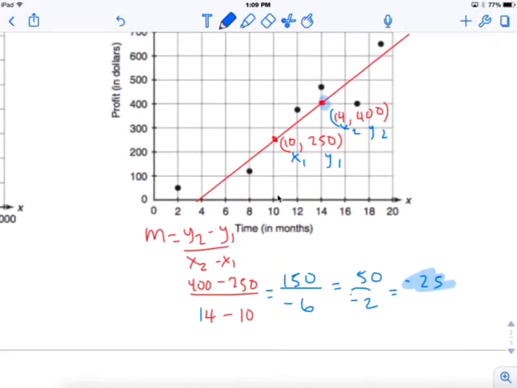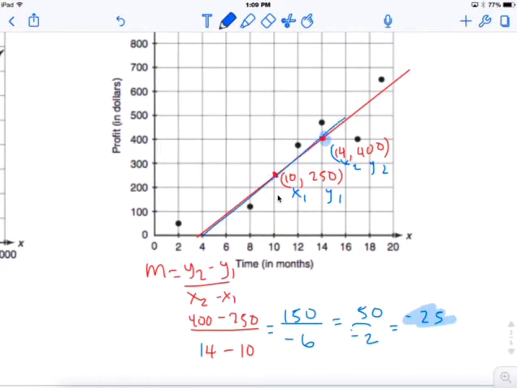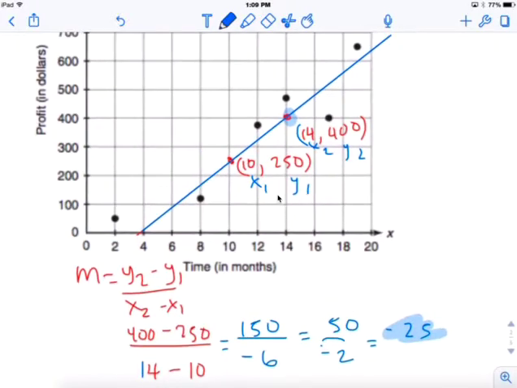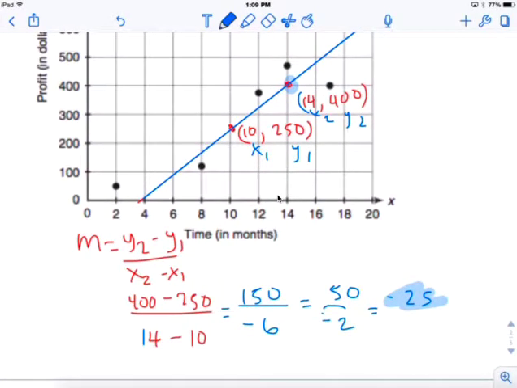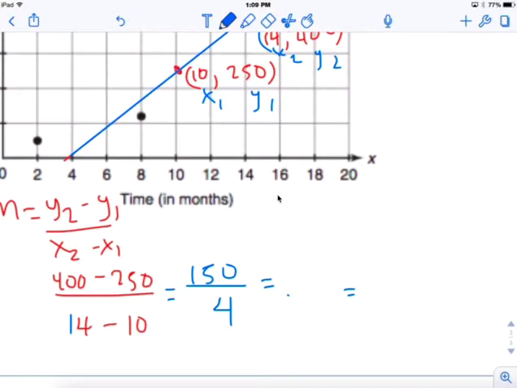Notice I got a negative and I notice my line is positive. And I go, okay, I did something wrong. Let me check. I did my work, and then I checked back to the beginning and notice it's supposed to be 14. Now that's incorrect. Notice it was supposed to be a positive slope, and I got a negative.